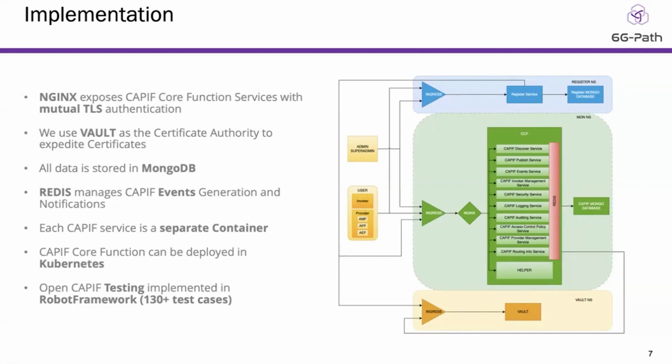To allow the communication between different microservices, we use Redis. Redis is also used to manage the CAPIF event generation and notification. You can see on the right that all the services are connected through Redis.